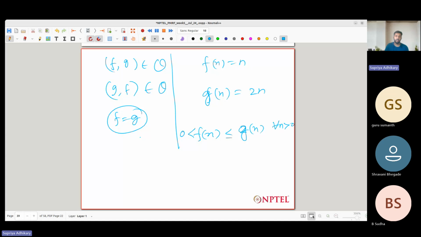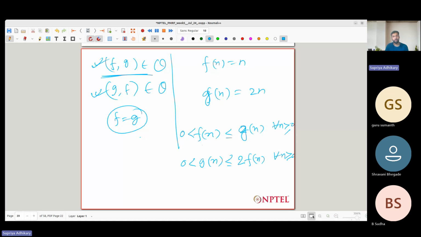So this is true for this example, f and g. And similarly, we can write that g(n) is less than or equal to twice of f(n) for all n greater than or equal to 0. So g, f is also in this relation O.